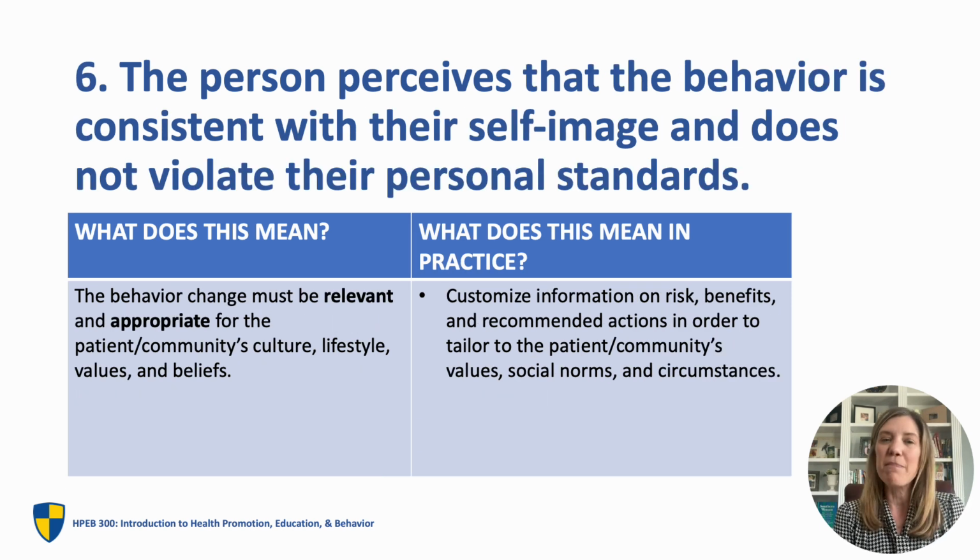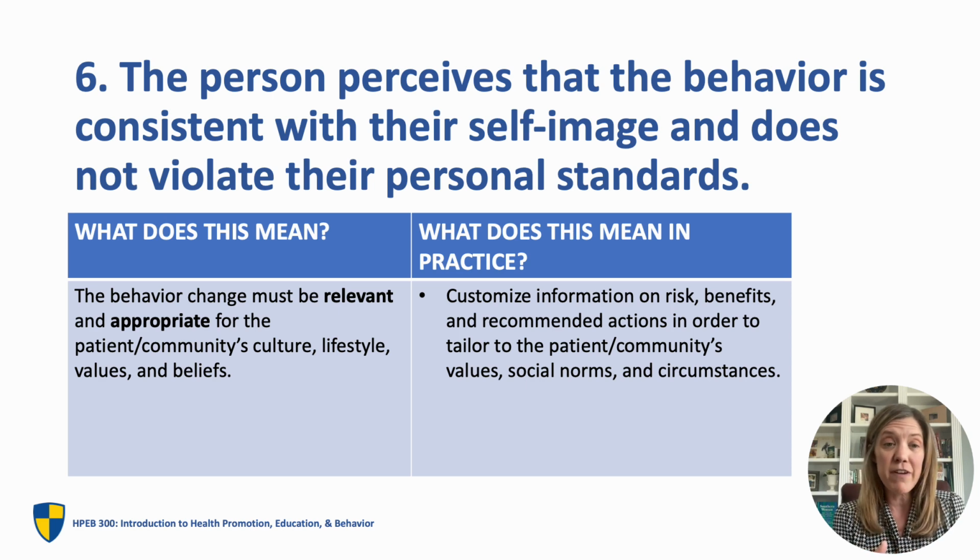Number 6, the person perceives that the behavior, the health behavior, is consistent with their self-image and doesn't violate their personal standards. What does this mean? That this health behavior has to align with who they think they are.